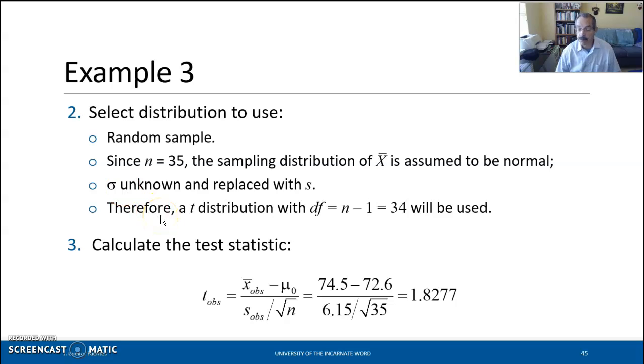And so we are justified in using the t-distribution with 34 degrees of freedom. Right, next step, we calculate the test statistic, and we use the sample mean, the value of the population mean under the null hypothesis, the sample standard deviation, and the sample size. Again, you carry out this calculation and you obtain 1.8277.